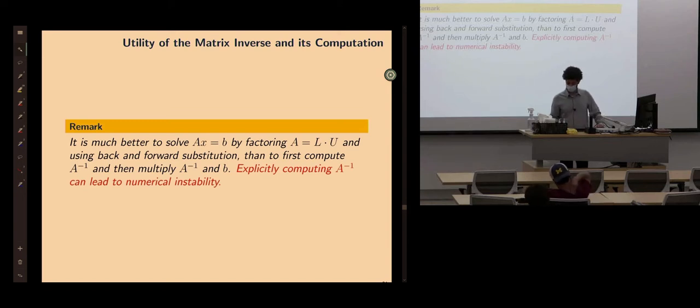So one reason is that explicitly computing A inverse can lead to numerical instability. And that's very bad for numerical algorithms, especially at larger scale when you are doing a lot of calculations and multiplications. So it is much better to factorize the matrix to LU and use forward and back substitution.